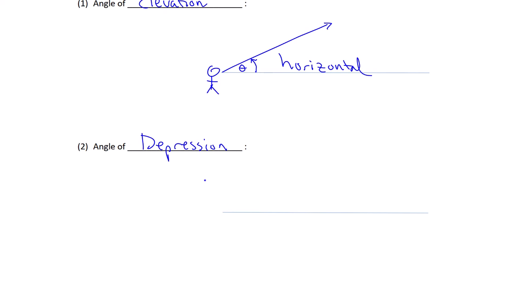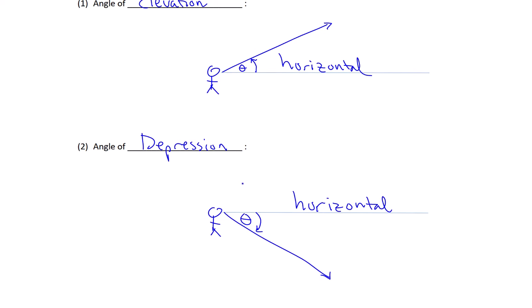So if we take the same picture, that is a horizontal line segment, and we also imagine a little person or a stick figure on one side of it, and this time, instead of gazing straight across on the horizontal, if you gaze downward, so maybe you're standing atop a cliff or a balcony, and you move your gaze or turn your head downward to look below the horizontal or the horizon, then that angle that would be rotating downward to that new line of sight would be the angle of depression.